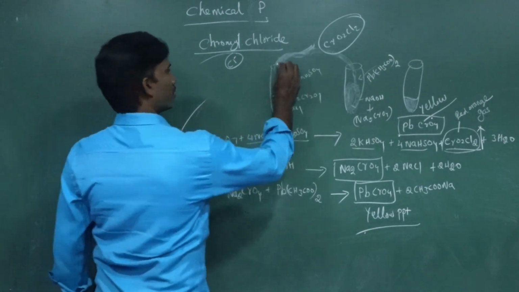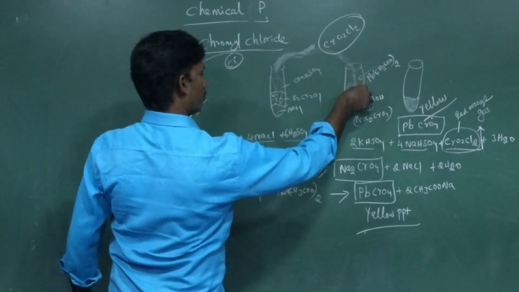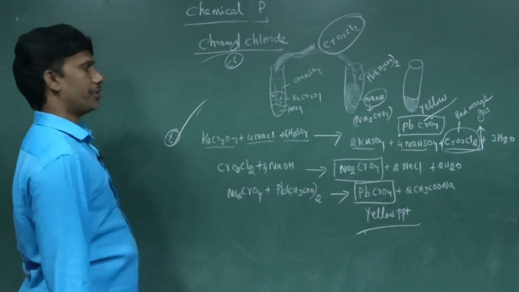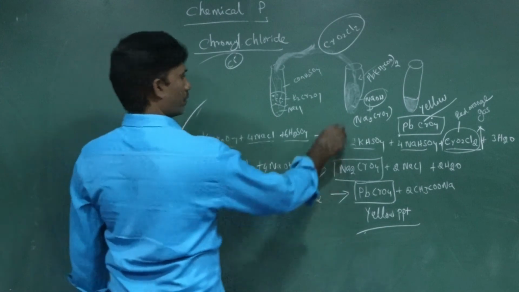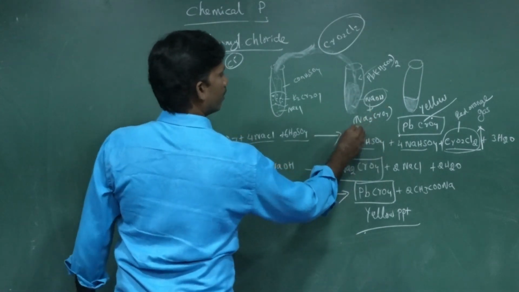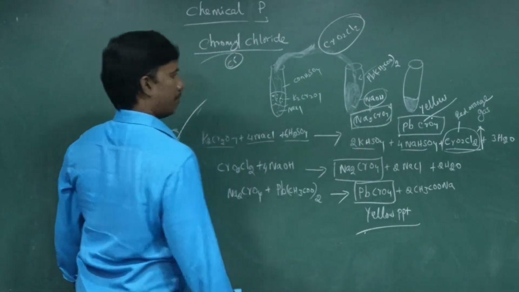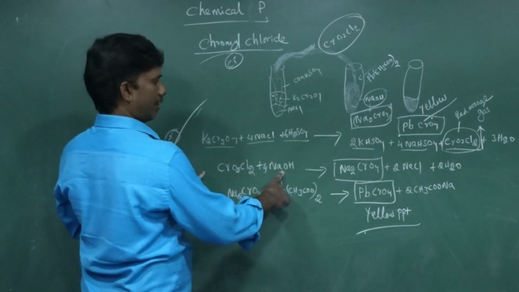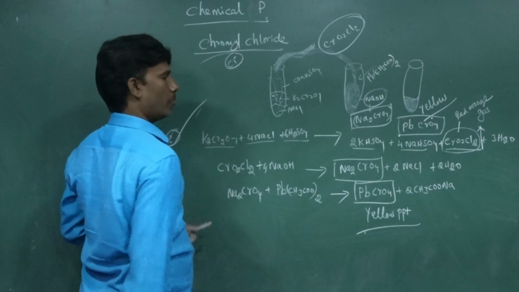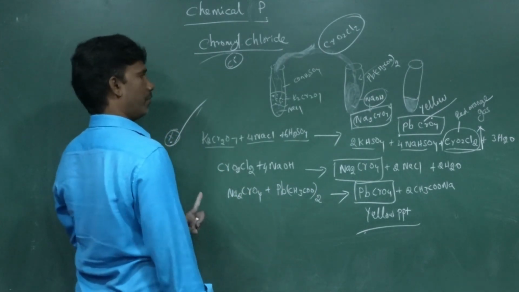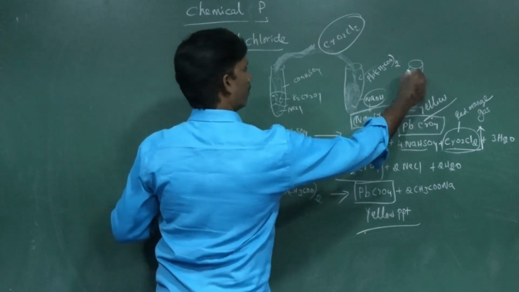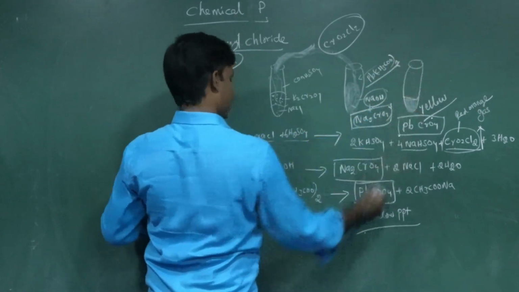Then the fumes of chromyl chloride are passed over the alkali solution, NaOH. When you pass them over the NaOH, you are getting sodium chromate. The chromyl chloride is treated with sodium hydroxide and you get sodium chromate. Then to the sodium chromate you pour a little amount of lead acetate.